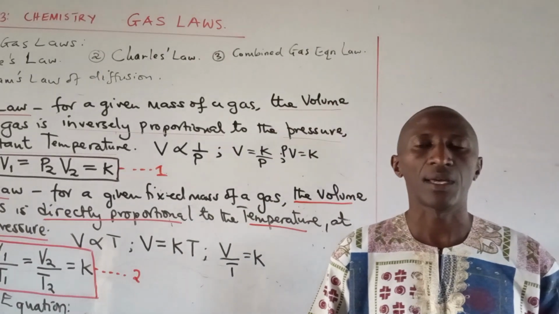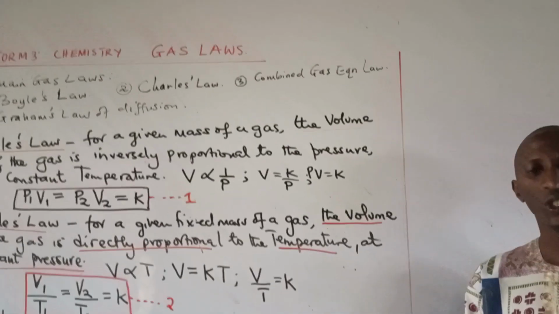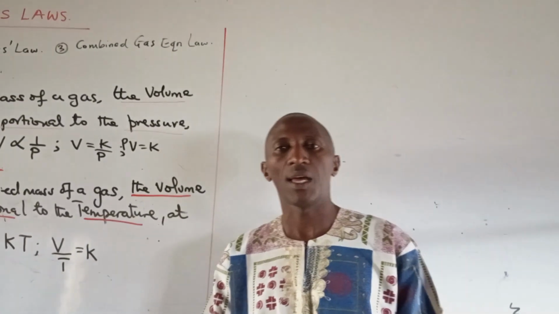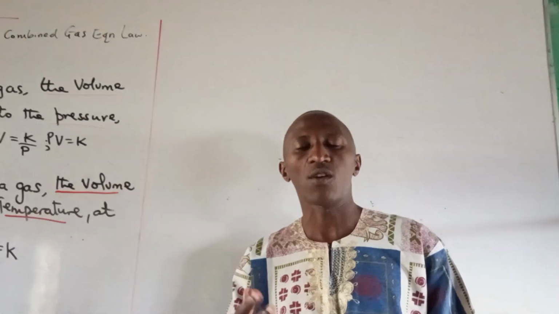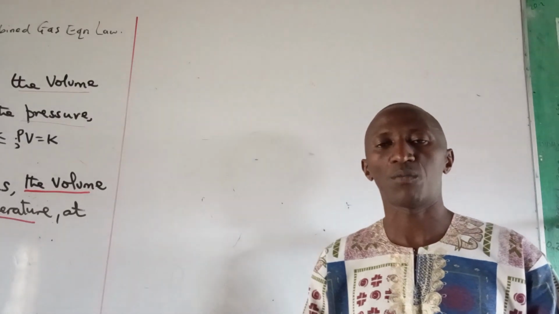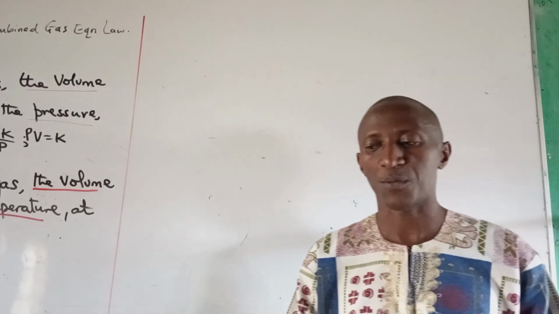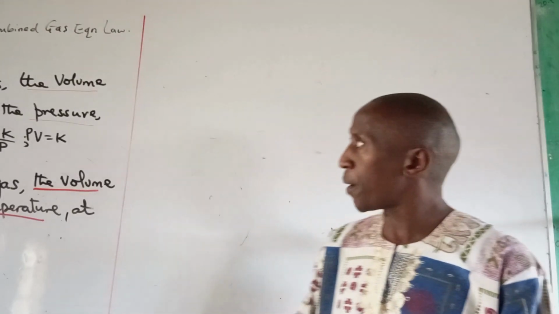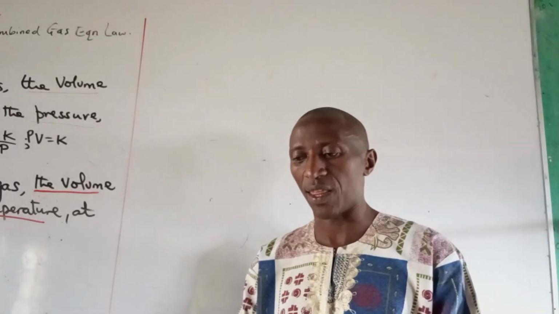And so viewers, I would like us to move to example number 1. In example number 1, I'm going to give the illustrations, and then as we work through, I'll give you some questions which you'll try on your own, and then we shall check on the expected answer. Let us write this together.